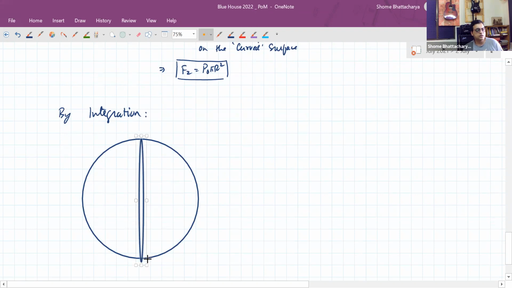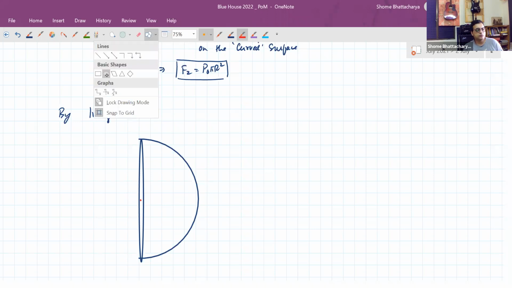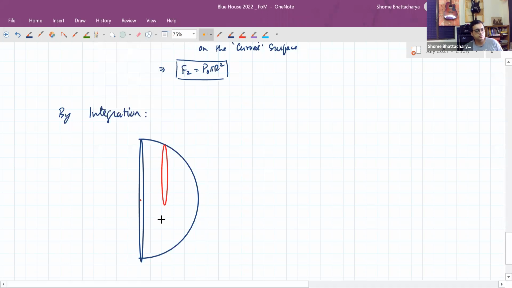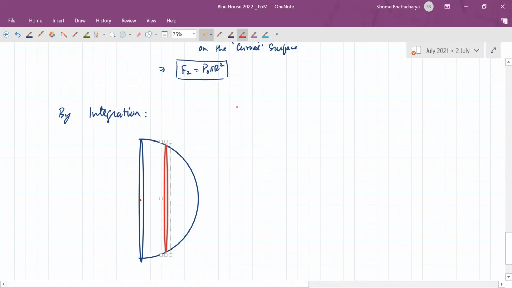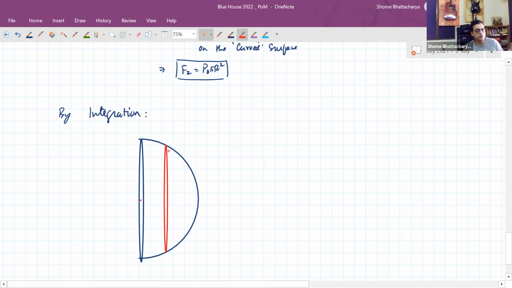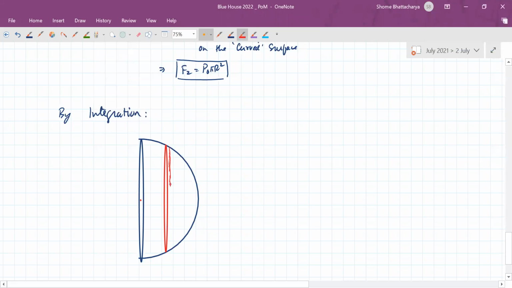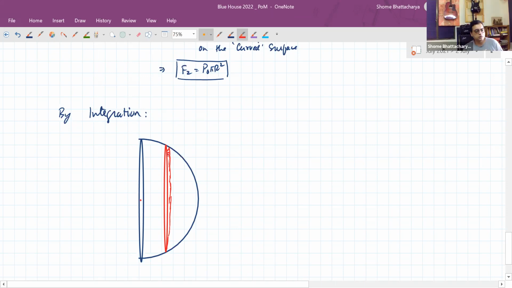We have to consider the force due to pressure on any one ring first, and then integrate it like that. So if this is the center of curvature of that hemisphere, we will first have to consider one thin ring like this.